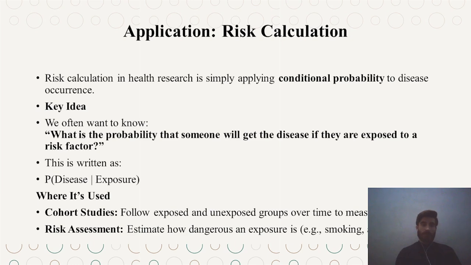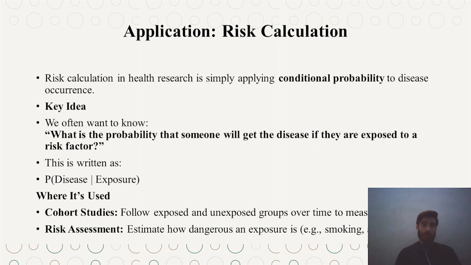Now, the use of probability in risk calculation. Risk calculation in health research is simply applying conditional probability to disease occurrence. What is the key idea? We often want to know the probability that someone will get the disease if they are exposed to a risk factor.